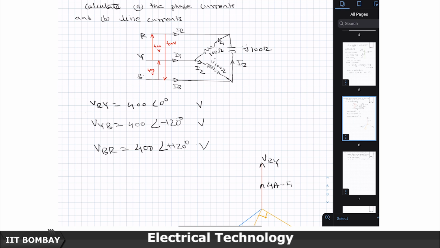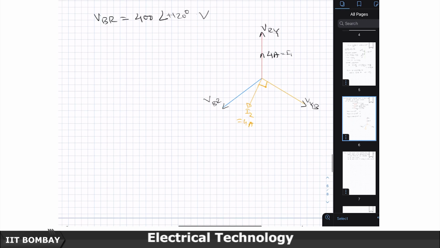The capacitance current leads. So, this is 120 degrees, I am sorry, 90 degrees from here. So, 120 plus 90 will give me 210.